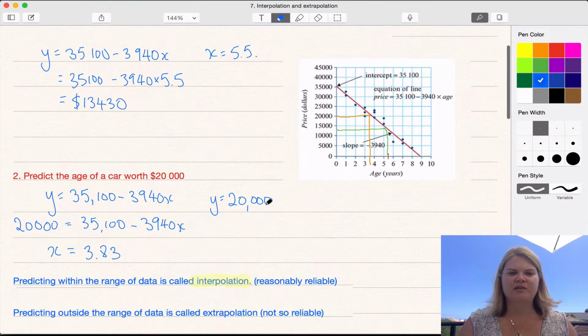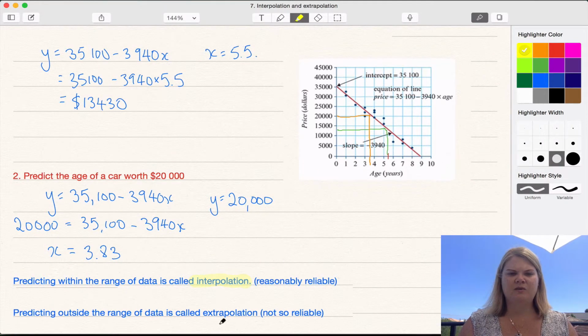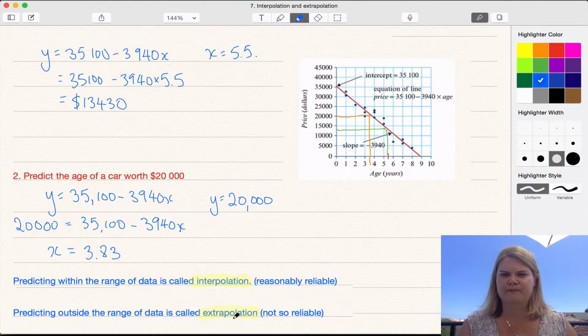If you are trying to predict outside the range of data, it's called extrapolation. Now you wouldn't want to predict for a negative age, but on another graph, if you're predicting back this way or up really high past the highest value, this is called extrapolation.